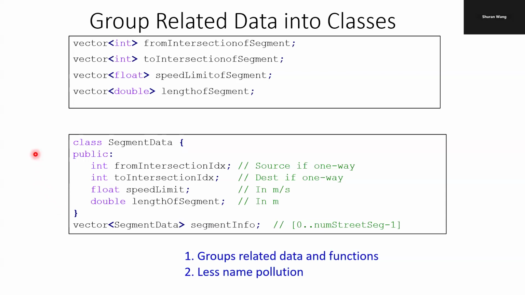Group related data into classes. This is not too much enforced, but this is a good habit to have. Say you have these 4 global variables of vectors, and all 4 of them are for street segments.